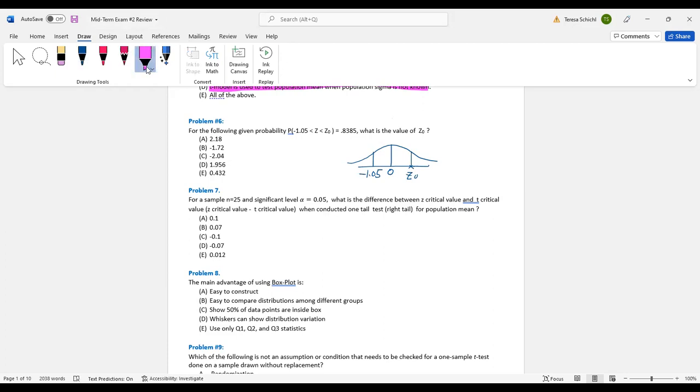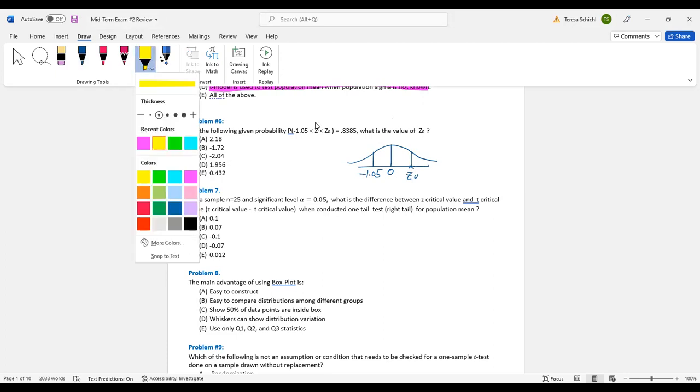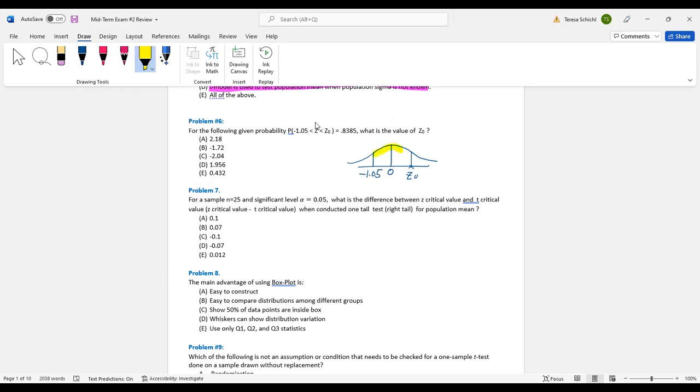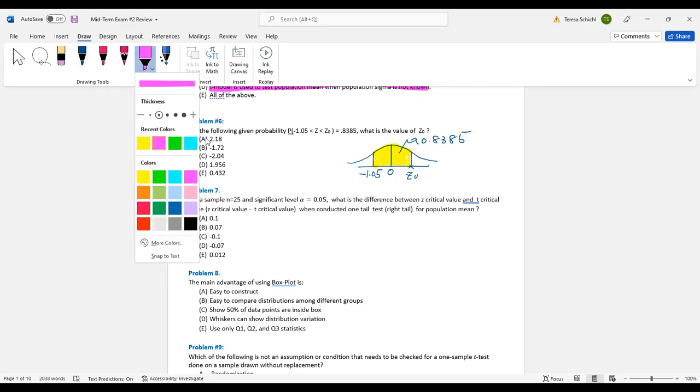Then it tells you, hey, between these, let's say this area, right? So this yellow area is 0.3035. And I want to find Z0. If I want to find Z0, I can use the inverse norm. But for the inverse norm, the area you need to input is all the way to the left, right? So the first thing is I need to find out these pink areas here.